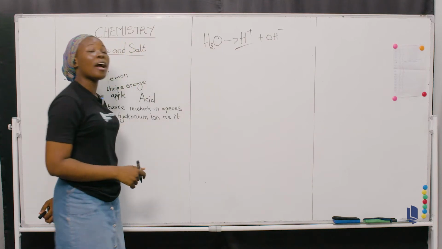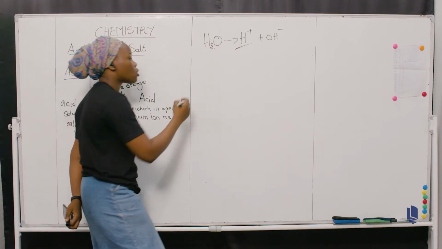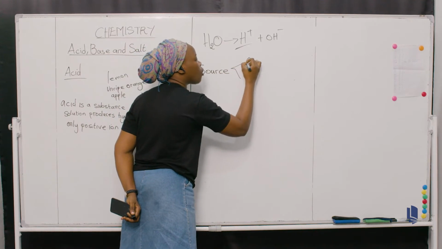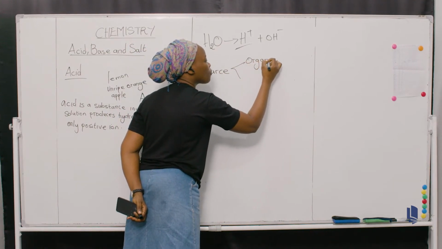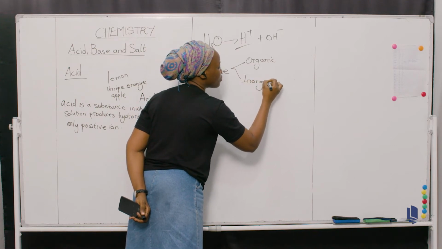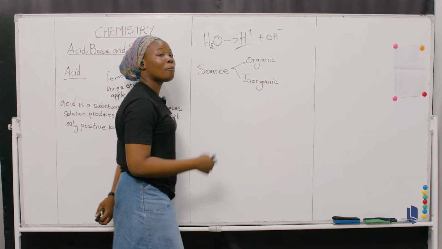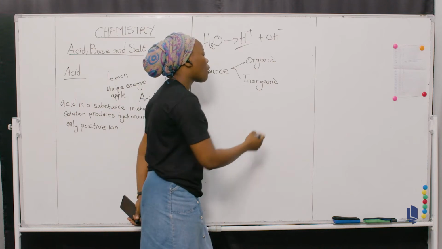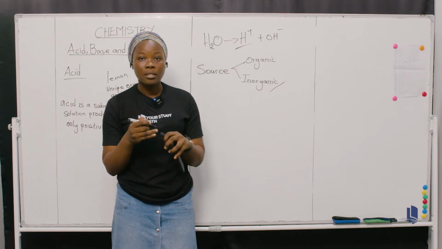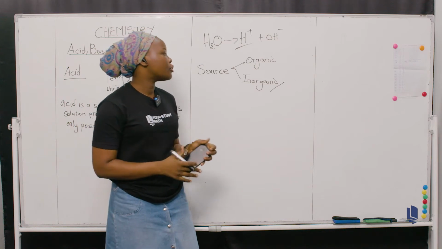And we can classify acid based on their source, like organic and inorganic. Organic would be from plants and animals, while inorganic are from inorganic matters, that's elements. They are synthesized in the laboratory.